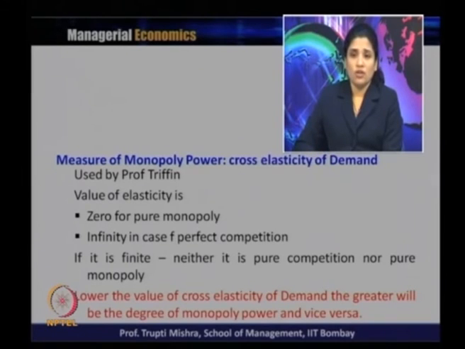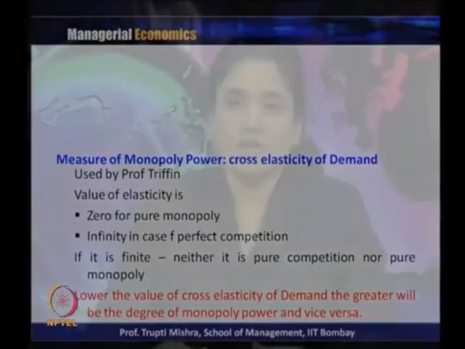Lower the value of cross elasticity of demand, greater will be the degree of monopoly power and vice versa. If it is 0 it is pure monopoly, and the more it is in the nature of a perfectly competitive market structure, the market power is generally less.